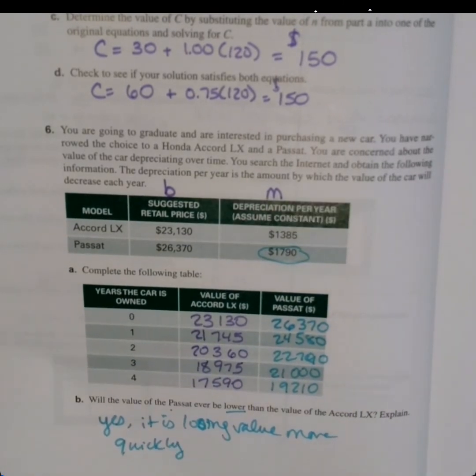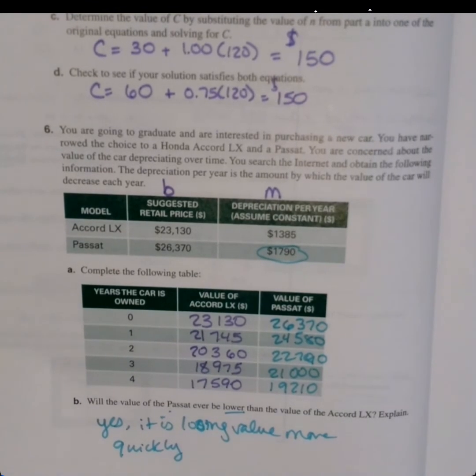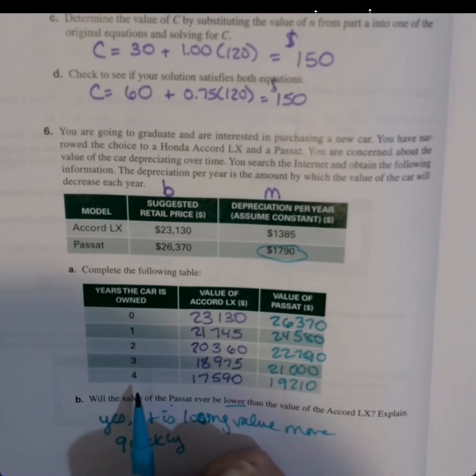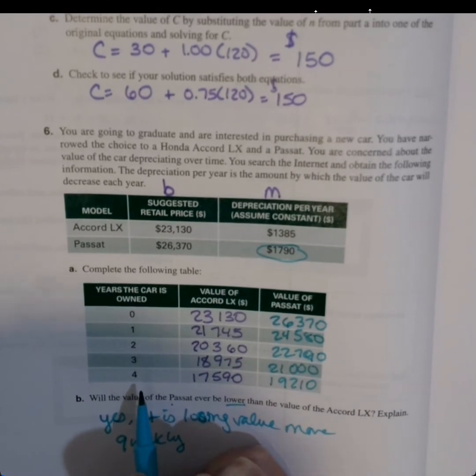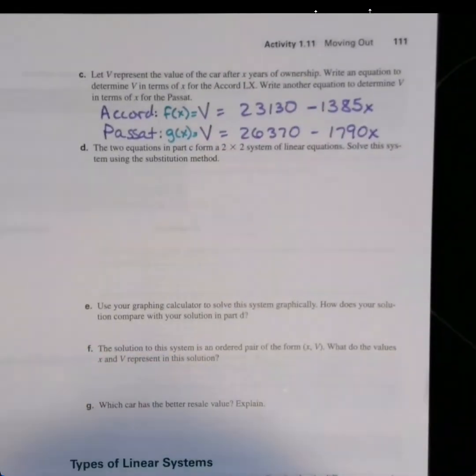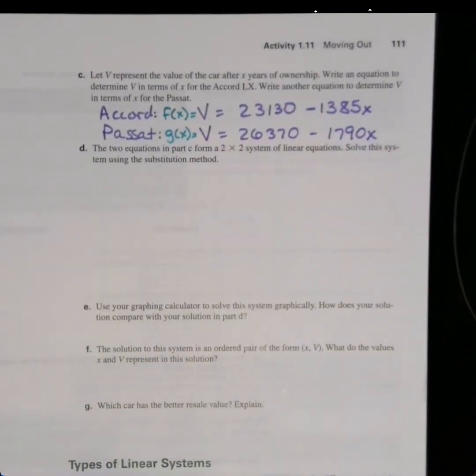So it's got that higher negative slope, losing value more quickly. I just don't know when yet, and I don't know how far to make this table. So I could just keep punching in values and see if I can find it, or as we are directed, we could go ahead and solve this system by hand, and that's what we're going to do next.